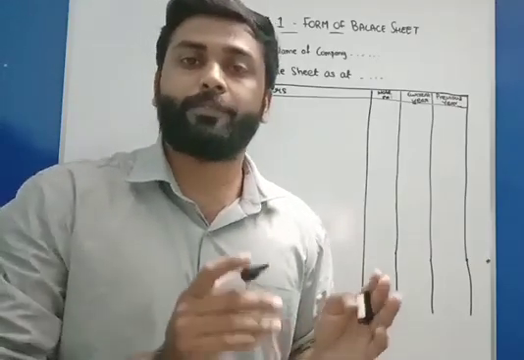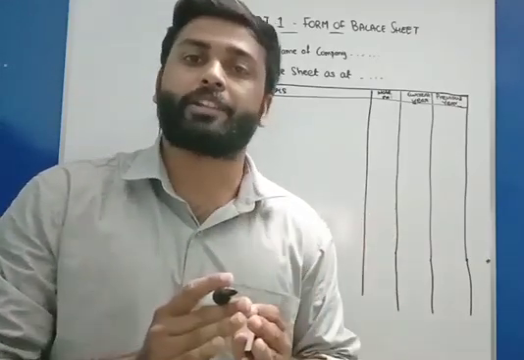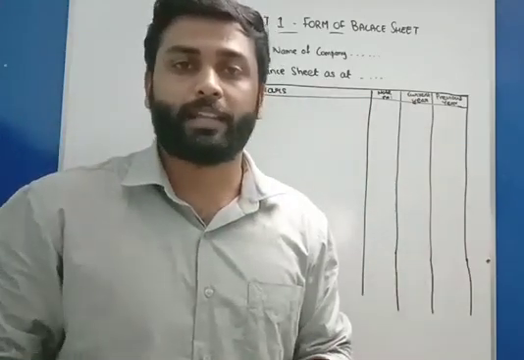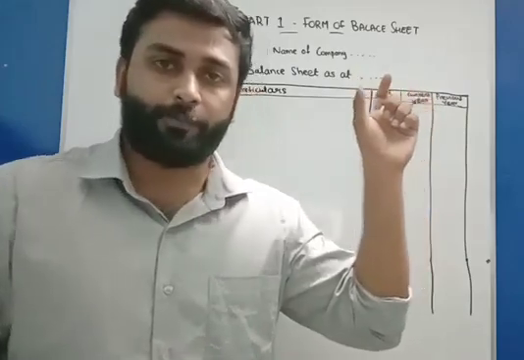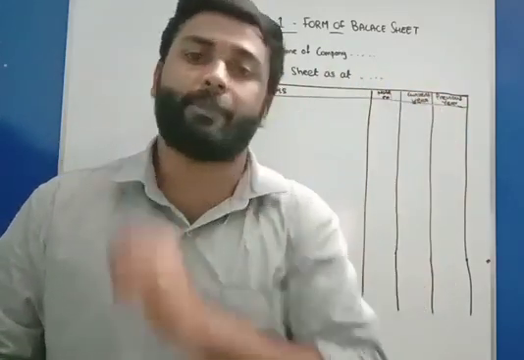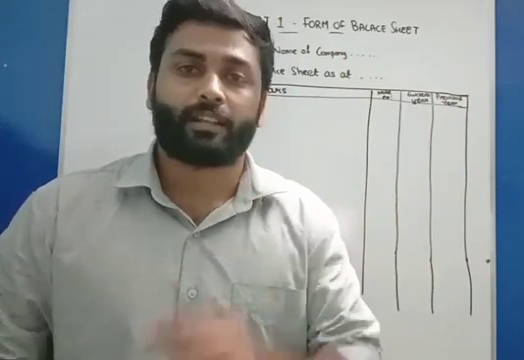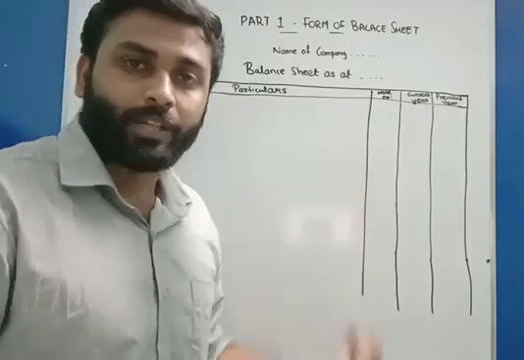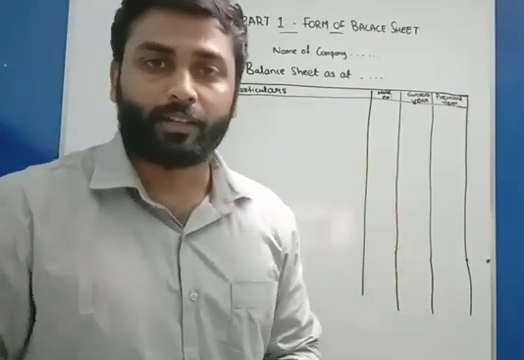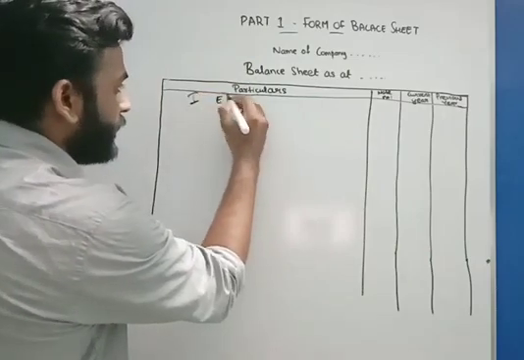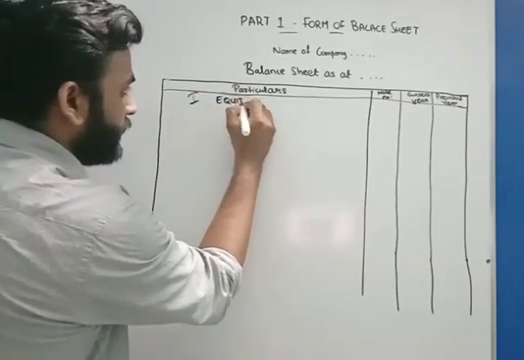In the case of proprietorship and partnership, it was like a T column. That means in the first column it was liabilities, then amount, then assets, amount. But in case of company balance sheet, it is vertical. So the first heading is equity and liability.